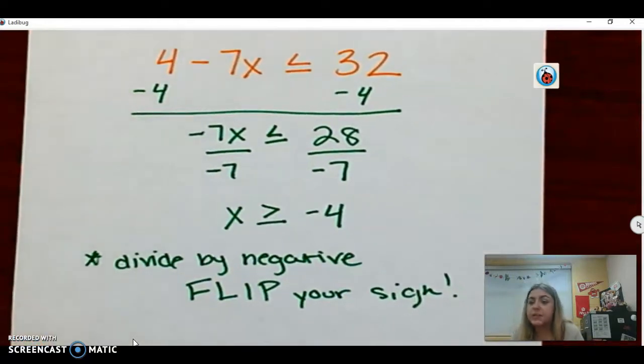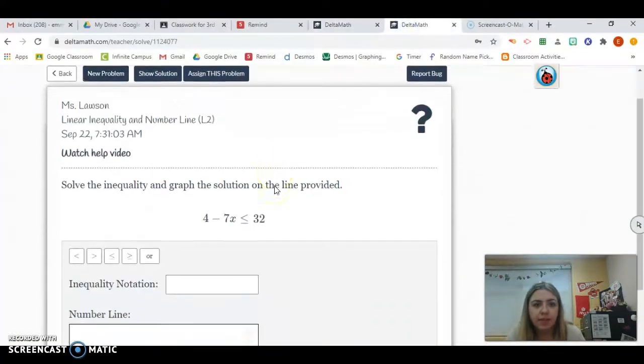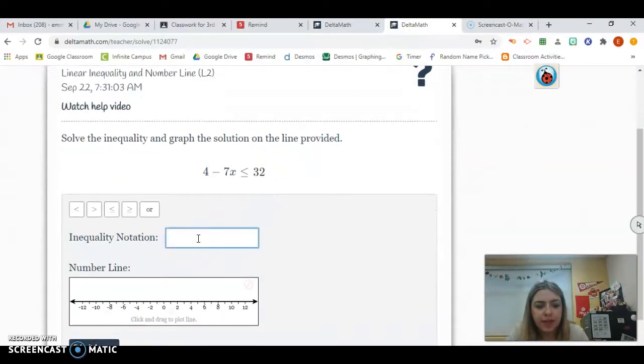So that's the only thing that's different between solving an inequality and solving an equation, is that you have to flip your sign. And so if x is greater than or equal to negative 4, whenever I go back to Delta Math, we're going to say x is greater than or equal to negative 4.